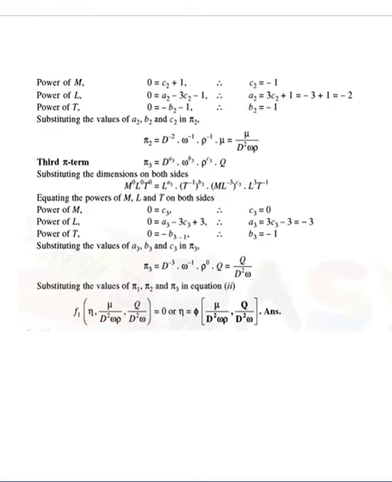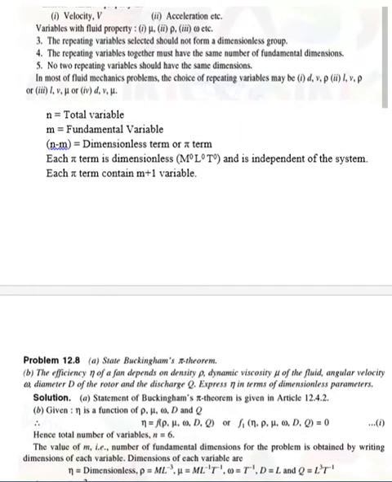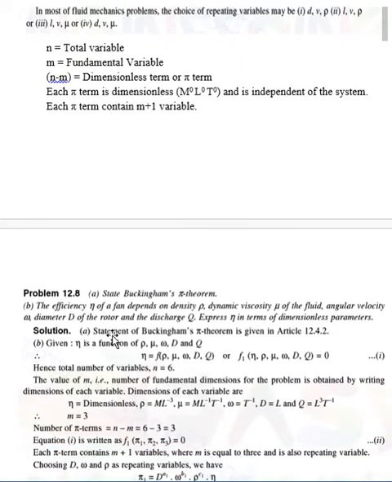Here we have to find the value of efficiency from the numerical, expressing efficiency in terms of dimensionless parameters. Therefore efficiency is equal to pi of in bracket this pi 2 and pi 3 term as it is, mu upon d square w into rho comma q upon d square into omega or w. Thank you.